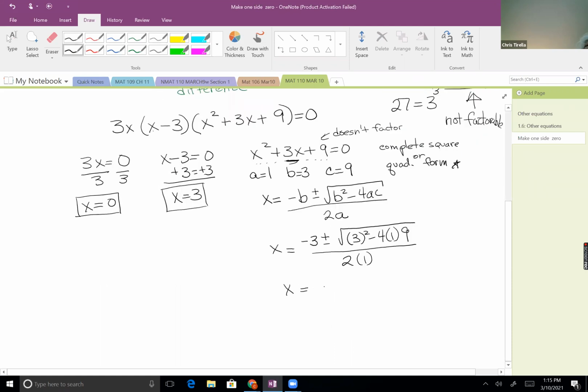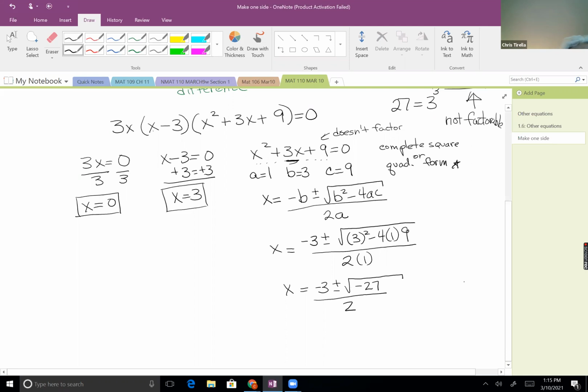Gives me negative 3 plus or minus the square root of, let's see, 9 minus 36 would be negative 27, over 2. Woohoo! We've got one of our most favorite things in the world. We've got something that tells us we're definitely going to have a pair of complex solutions.